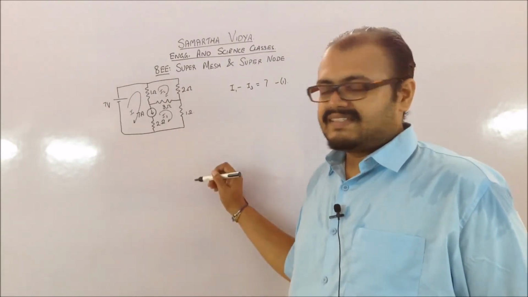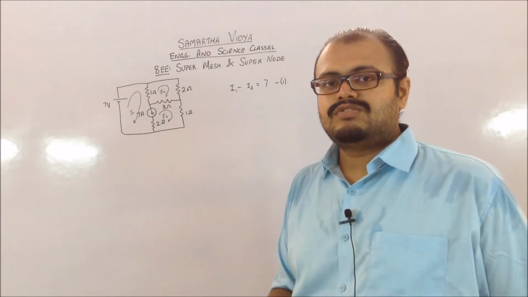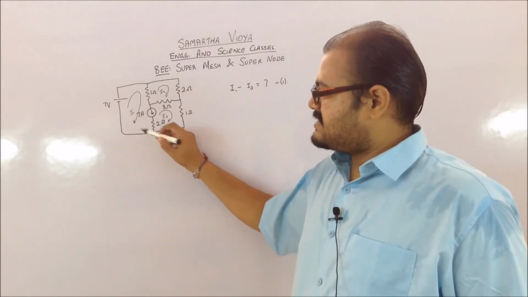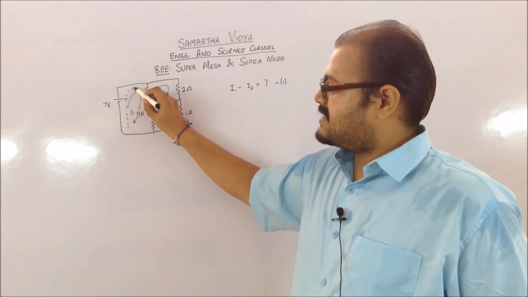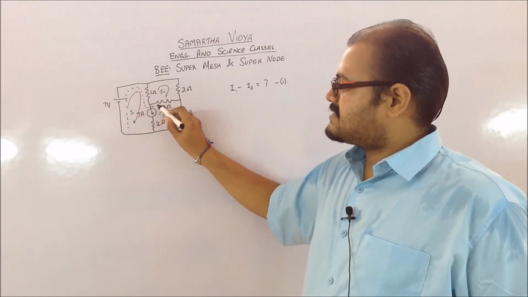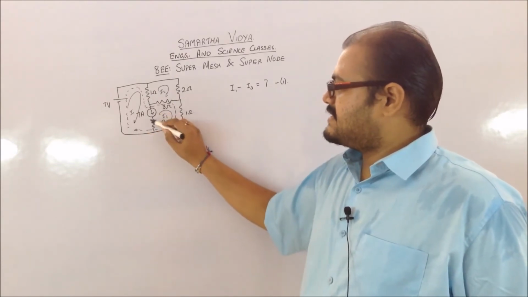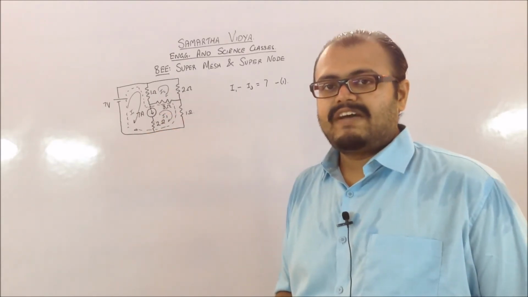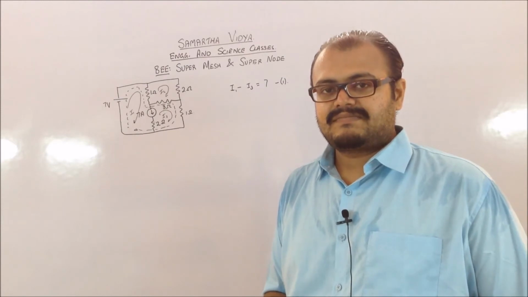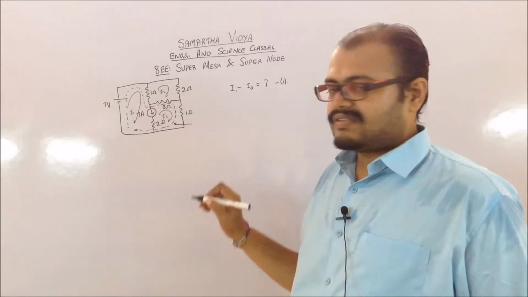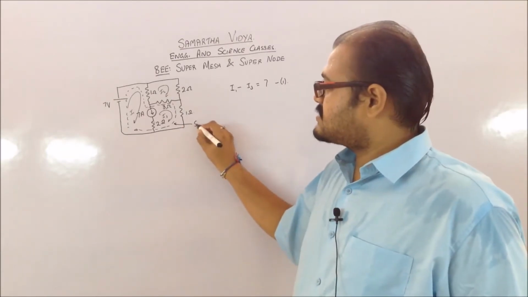So what you do basically is find a super mesh. The super mesh will be just this particular mesh plus this particular mesh. So basically you ignore this particular branch where the current source is present and then you apply the mesh analysis or the KVL equation on this super mesh.